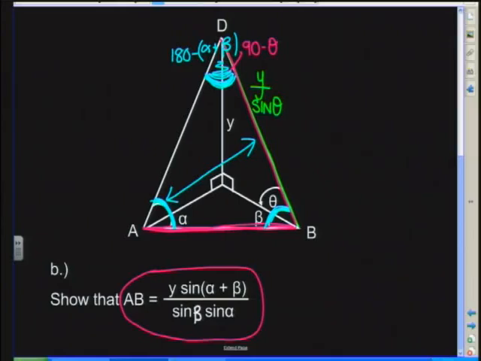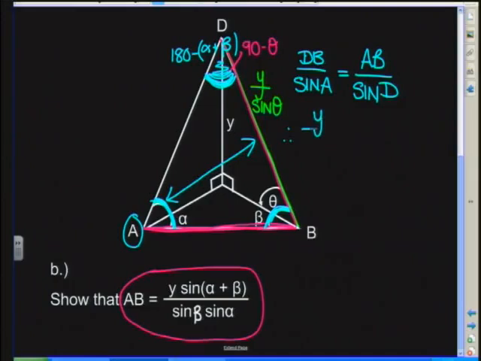So there again, guys, we've got our sine rule, all right? So what are we going to do? We're going to take the length of DB, and we're going to put it over sine of angle A, that's the angle opposite it, and that's going to be equal to AB over sine of the big angle D, all right? So what have we got? DB is y over sine theta.